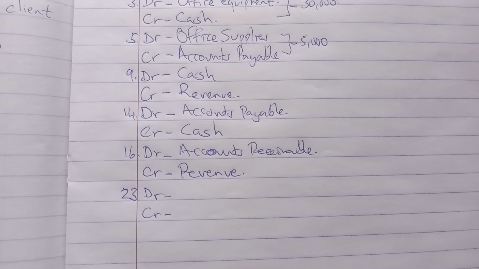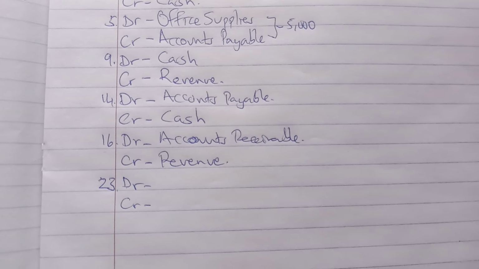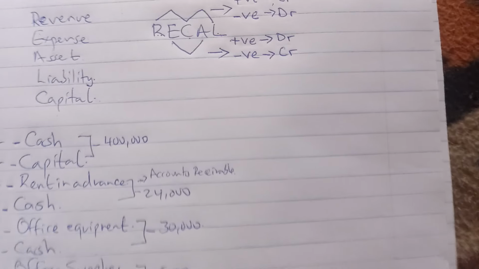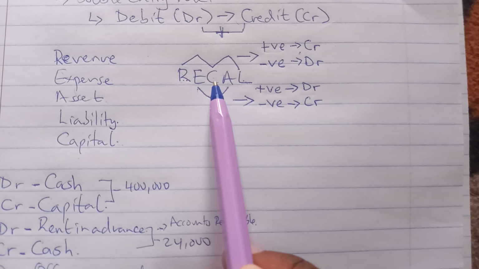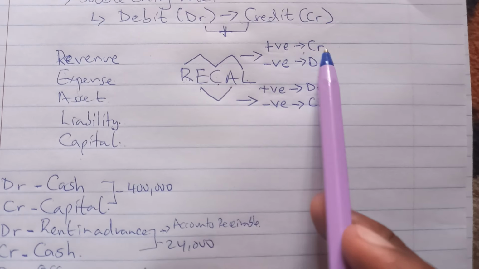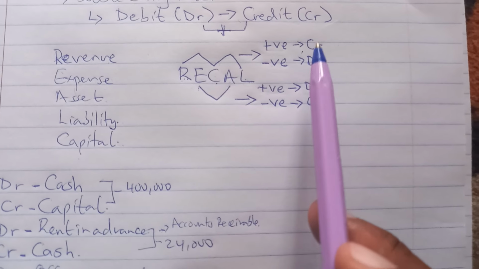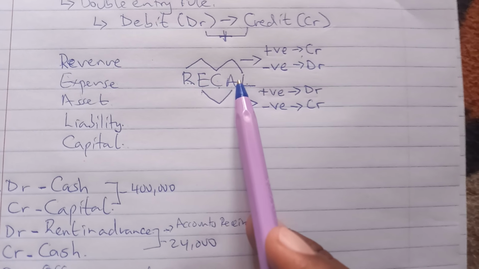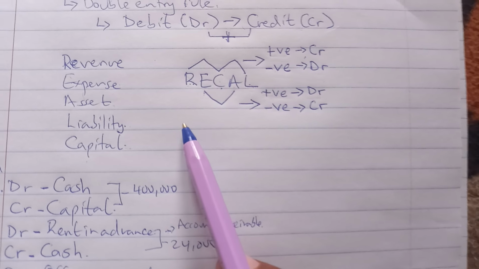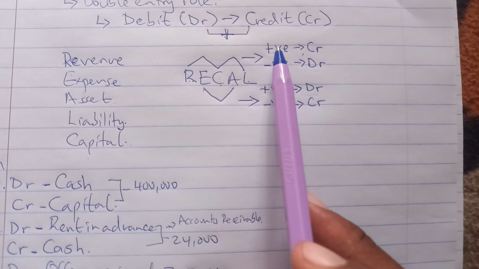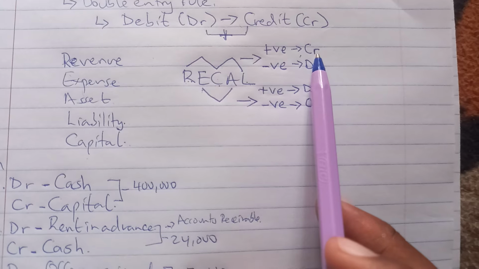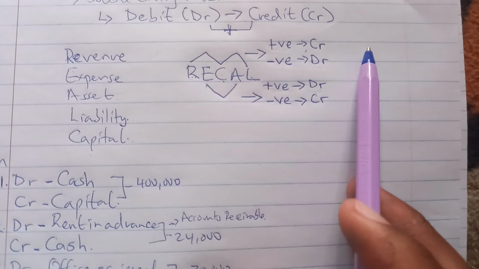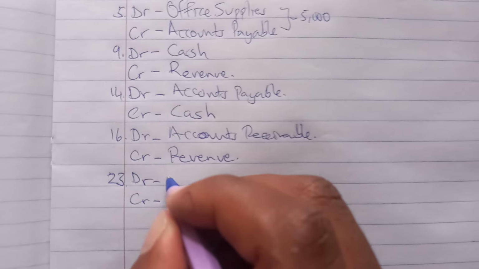It affects the capital account in the opposite way. So normally, when capital increases, we credit, but drawings affects capital the other way, meaning when drawings will increase, it won't be credit, it will be the other way around. It will be debit.